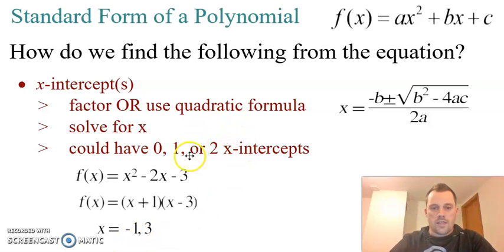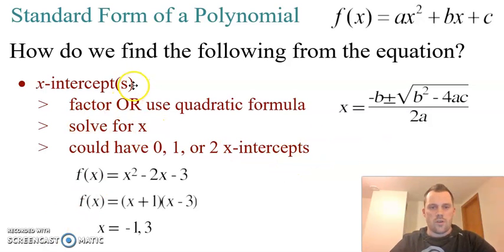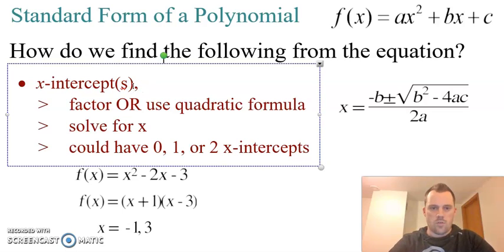Now a lot of examples are going to have two x-intercepts. Sometimes we only have one. Or we could have 0 real x-intercepts, or x-intercepts that are real numbers. We could have imaginary numbers for our roots. So roots is another name for x-intercept, so I should add that in here.